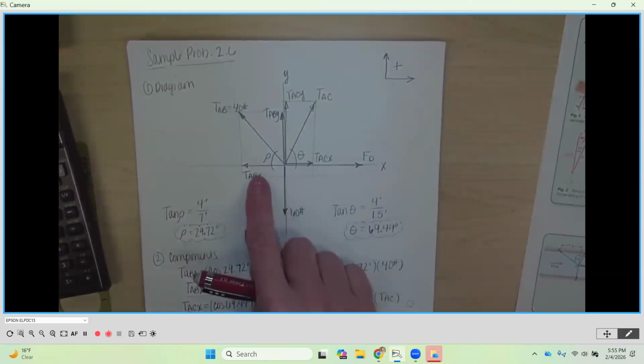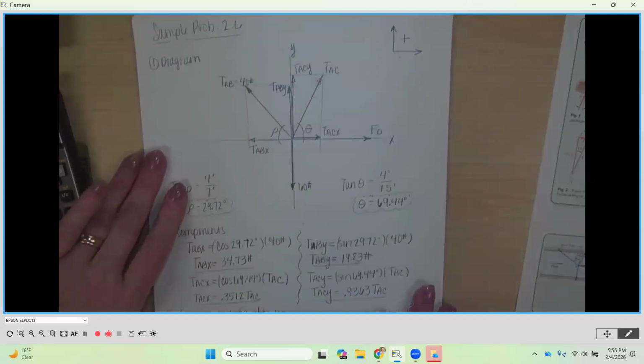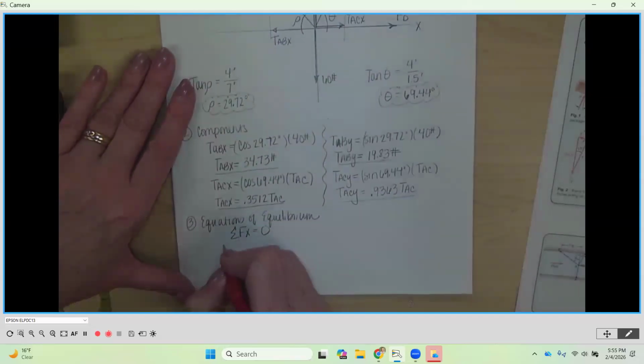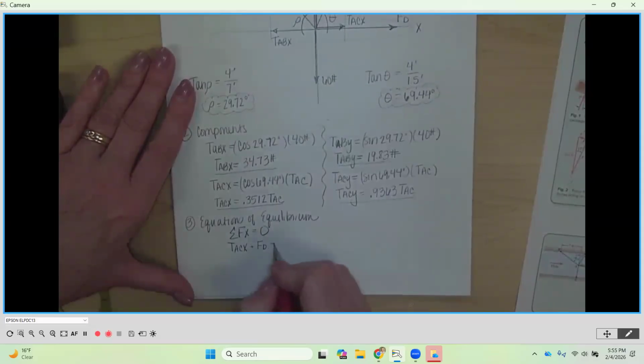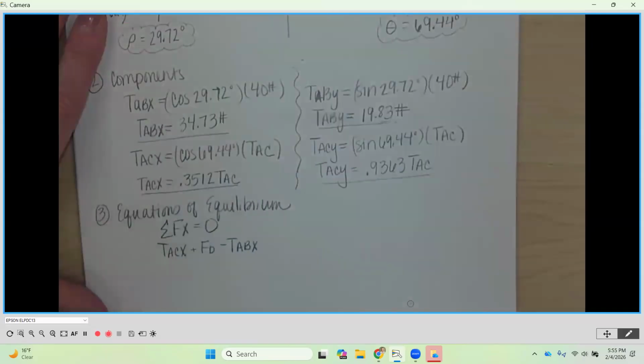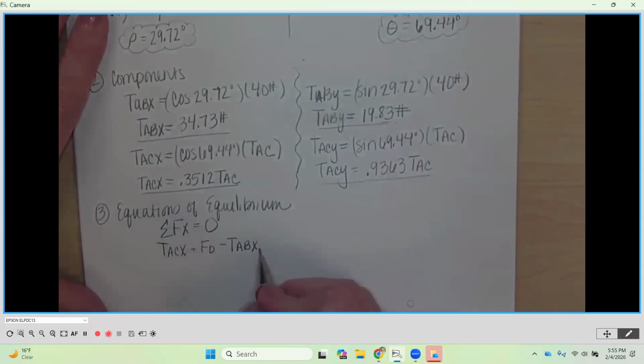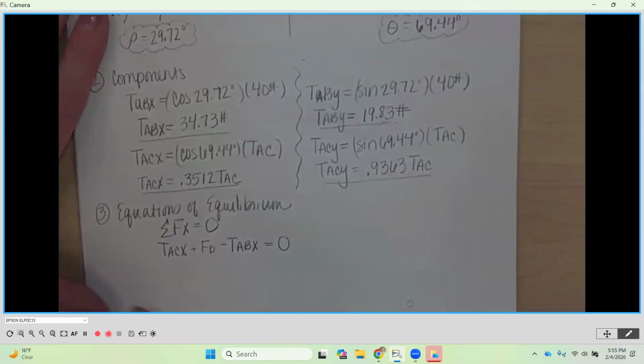And then we're going to have a negative TABX because TABX is pointing to the left. So I have TACX plus FD minus TABX. This represents the sum of the forces in the X side of our equation. And now we're going to set that equal to 0. Don't forget that. I look for that. If not, that's a problem. We don't want it to magically appear.